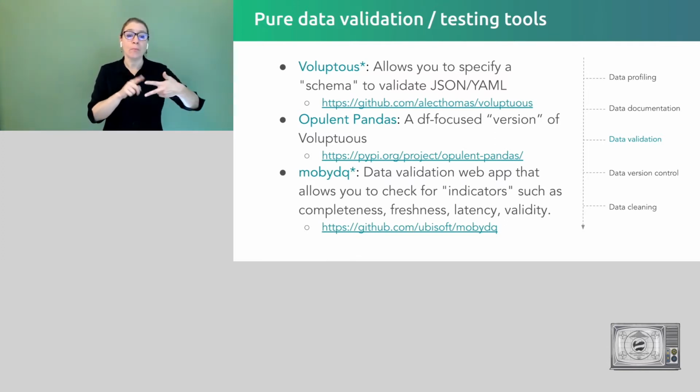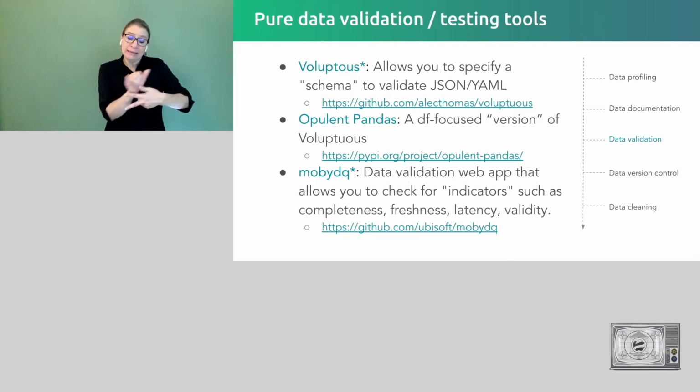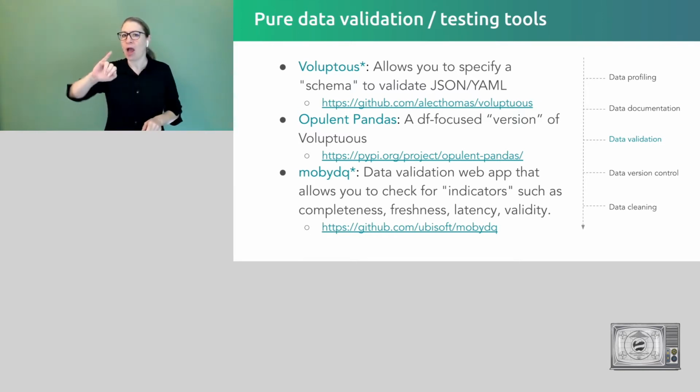There's another library called Opulent Pandas, which is a data frame focused version of Voluptuous. So it has the same functionality, but instead of operating on a JSON blob, it operates on a pandas data frame. We also have a tool called pydqc or PyDQ, which is a very comprehensive data validation web app.